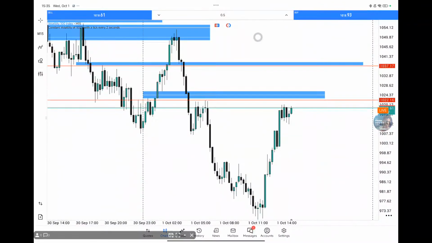This particular fair value gap is actually taken from the 1 hour time frame, and we are on the 15 minutes time frame, expecting to see price react in these regions.